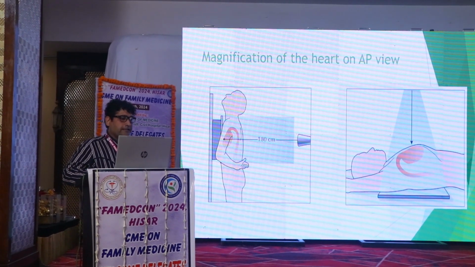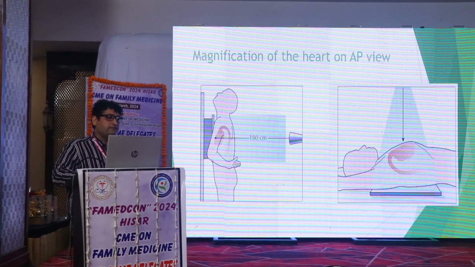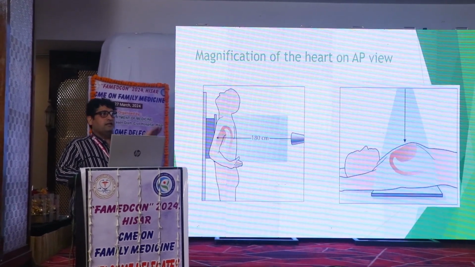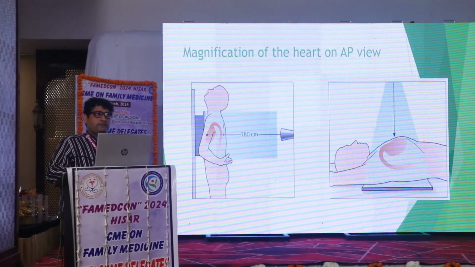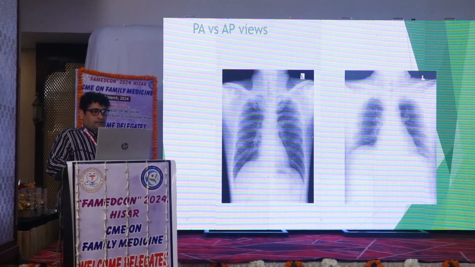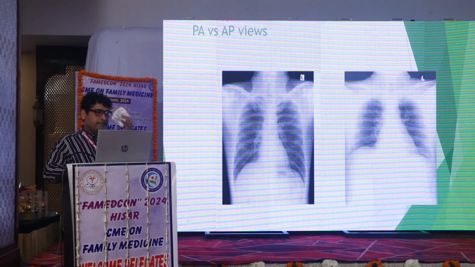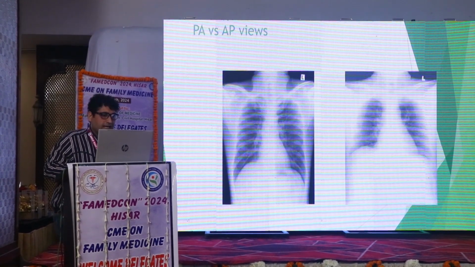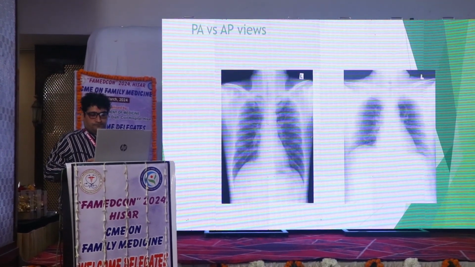In the first image, the heart is lying away from the X-ray tube, and in the AP view, the heart is toward the X-ray tube. So whenever we do an AP view, the cardiac shadow will be slightly enlarged. The first image is PA view and the second image is AP view. In PA view, you can see that the heart is not enlarged, but it appears slightly enlarged in AP view.